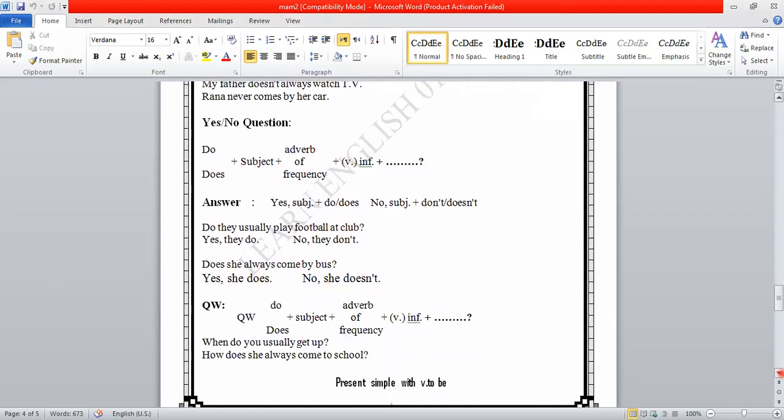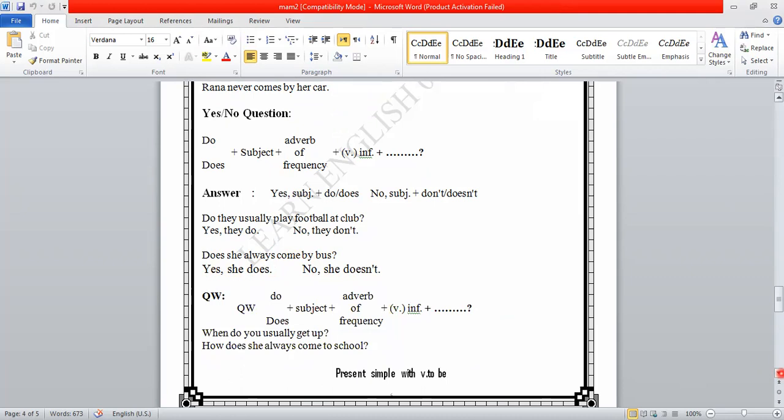Okay, the second part of question form is to begin with a question word. There is nothing to change, but we put the question word at the first of this form. Question words like what, where, when, which, or how many, how much, how far.